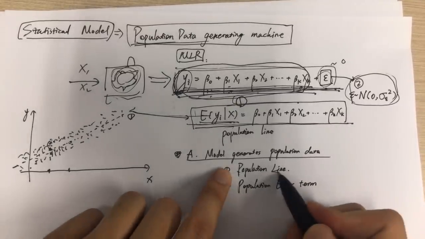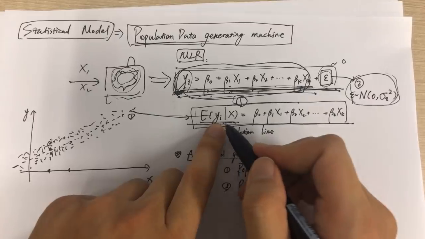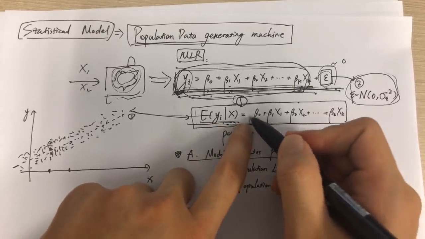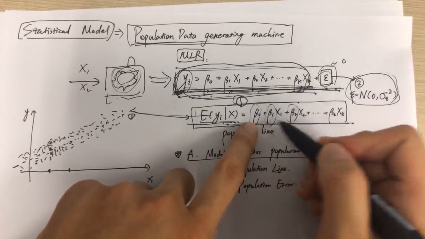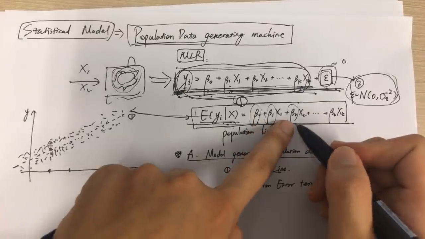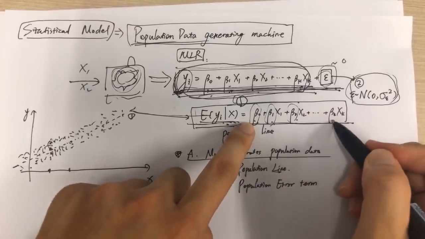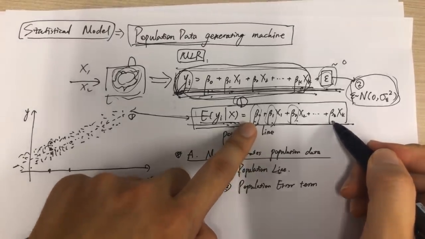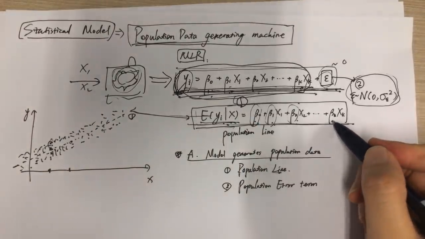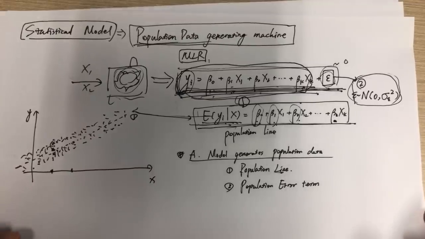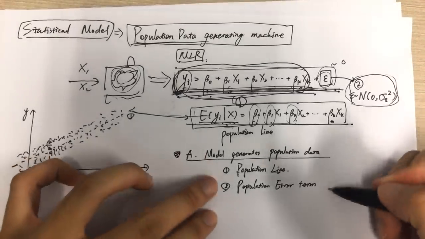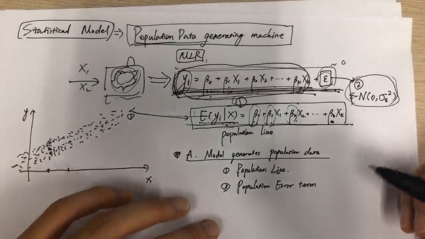And this population straight line is determined by all those coefficients, beta 0, beta 1, beta 2, and beta k. All of those betas are population parameters. So why is this important to know?